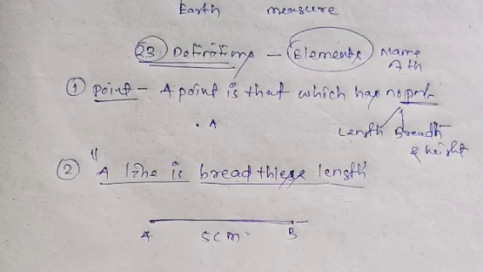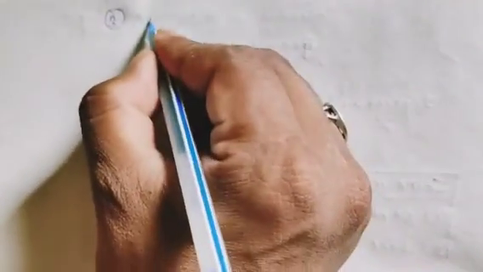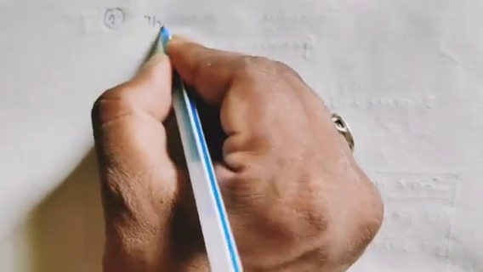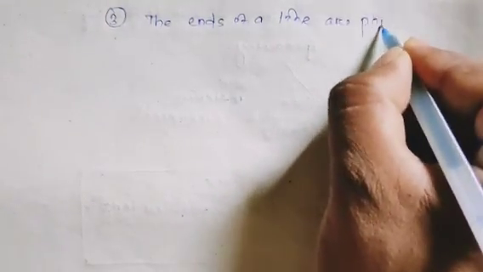Let us go to the third definition. According to Euclid, the ends of a line are points.